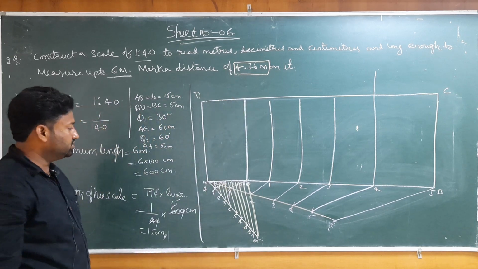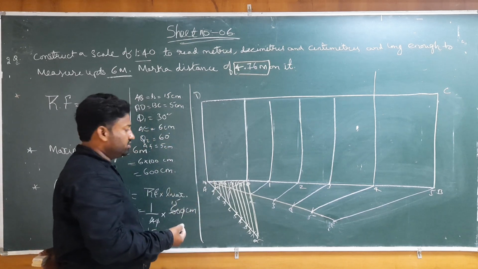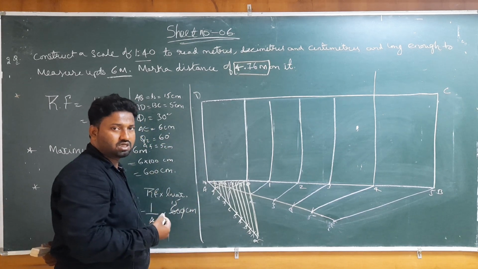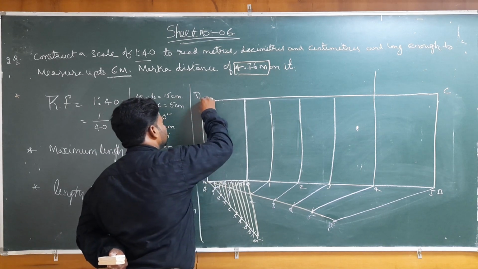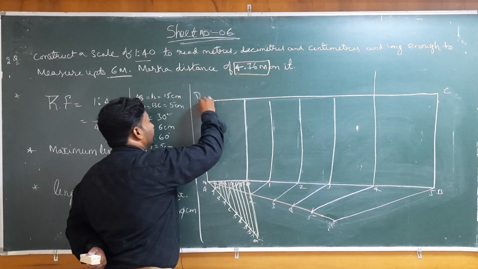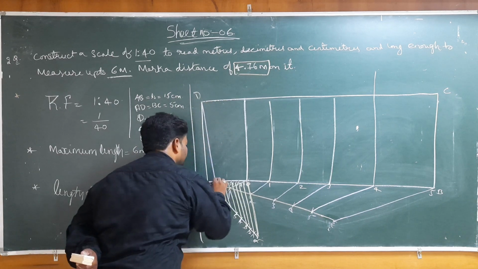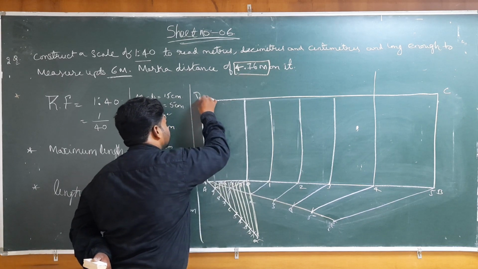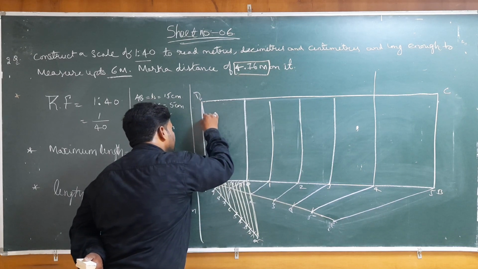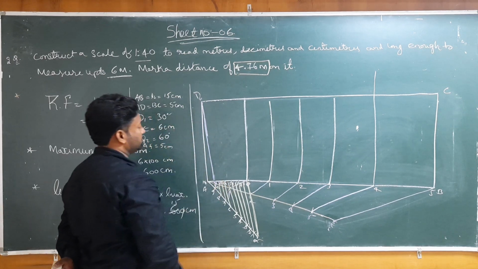Now, what we have to do is draw an inclined line in this, as we are representing the diagonal scale. So, an inclined line, just like a diagonal, we have to draw. Suppose this is the 10th part here, we have to draw an inclined line from the point 10 and join it to 9. If you see, I have started a line from this 10 and I am joining to 9, this is the 9th part.